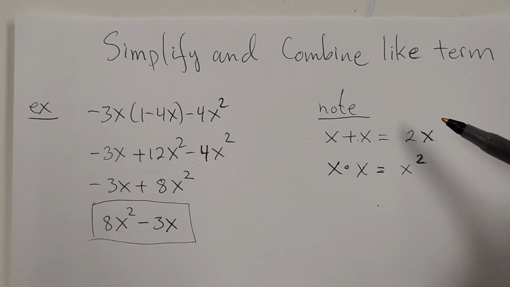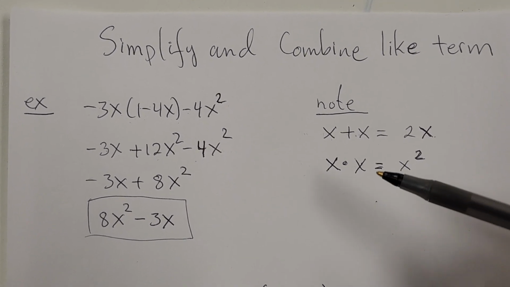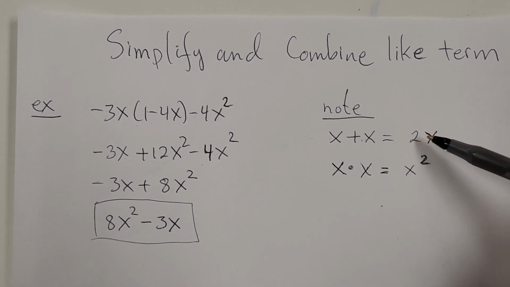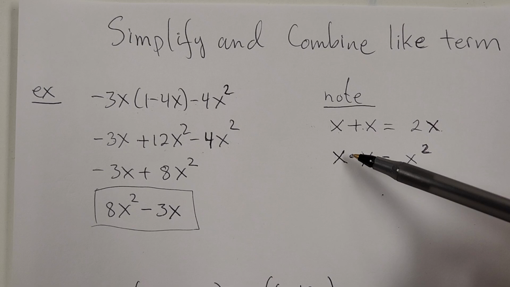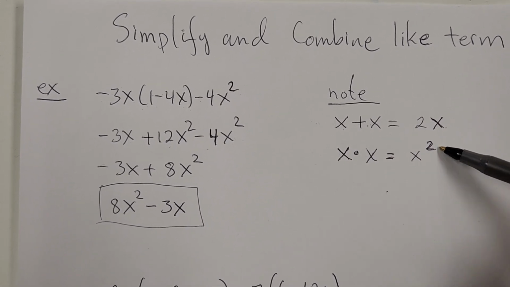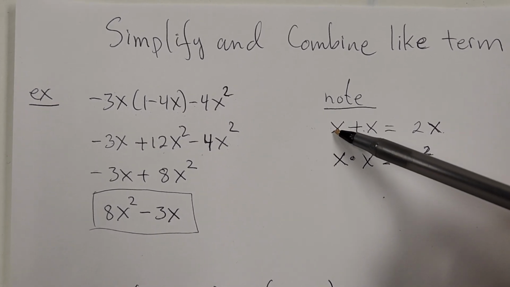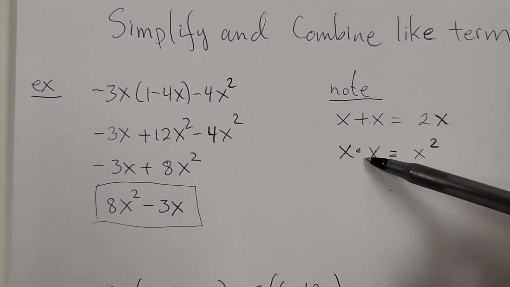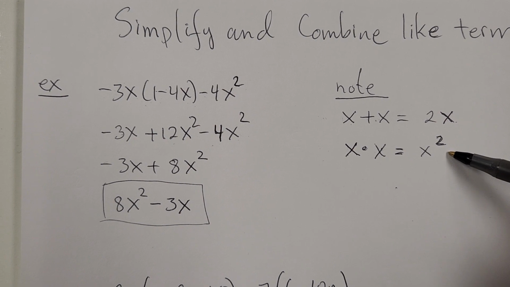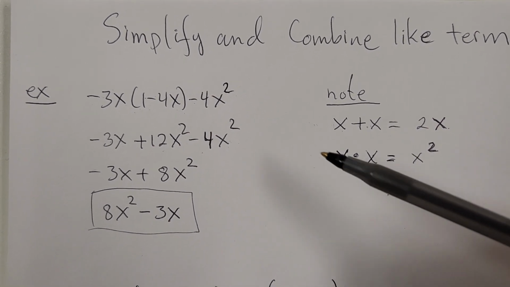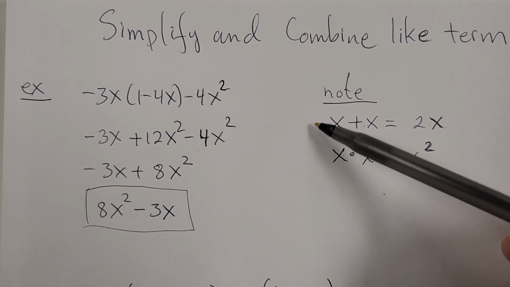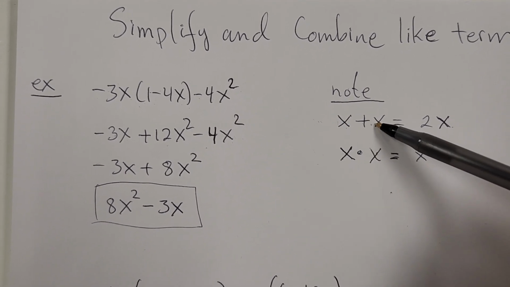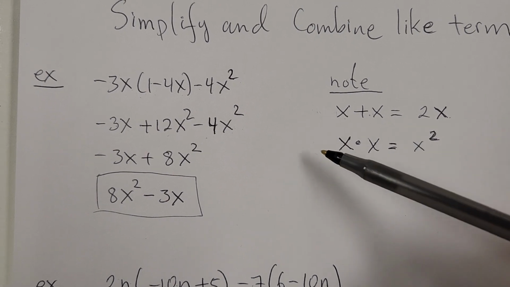Note, be very careful when you combine like terms. For example, x plus x is 2x. X times x gives me x squared. If I have another x, x plus x plus x is 3x.